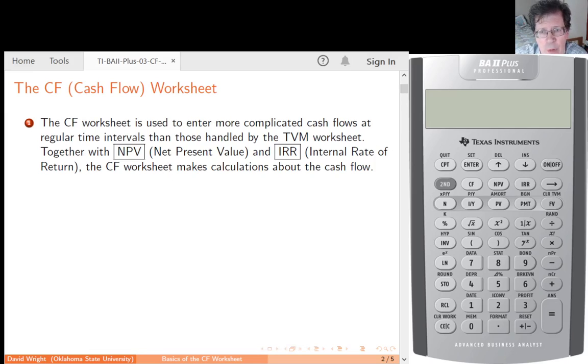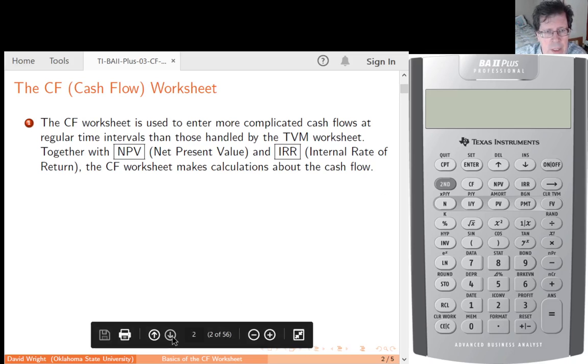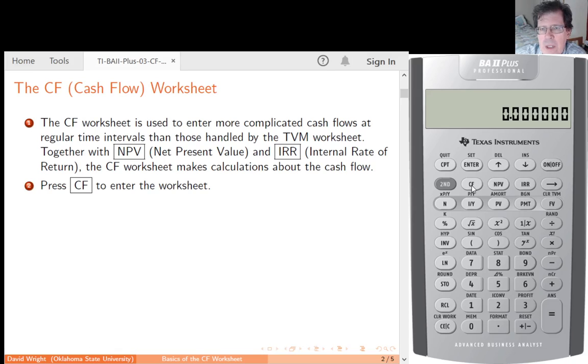The CF also works with two other buttons, NPV and IRR, but first you have to enter the cash flow into CF. And so you press CF to enter it. Oops, got to turn my calculator on first. All right, there we go. And CF, and if you notice, the first thing it comes up with is cash flow outlay, CFO.